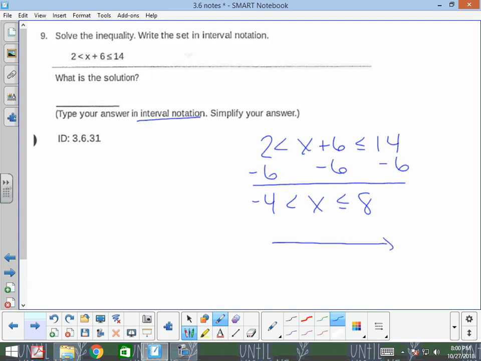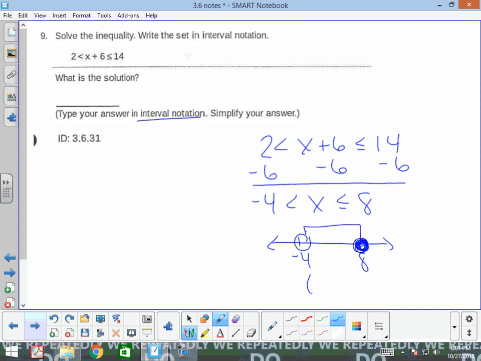So I like to see these graphed before I write them in interval notation. -4 is circled, 8 is circled and filled in. If x is between the two numbers, then the shading's between the two numbers. So interval notation will be -4, comma, 8, notice the -4 has parentheses and 8 has a bracket. So our answer on this one needs to be in interval notation, so make sure you pay attention to the directions.